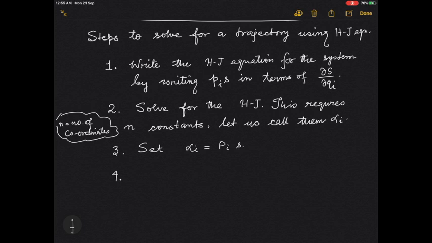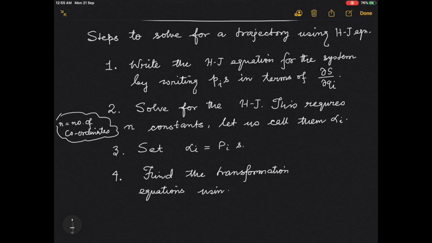I have the generating function and all the constants are also set. Okay. So with this, now we'll do the following. Find the transformation equation using the generating function.